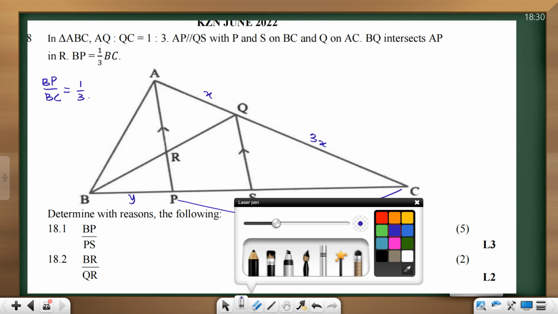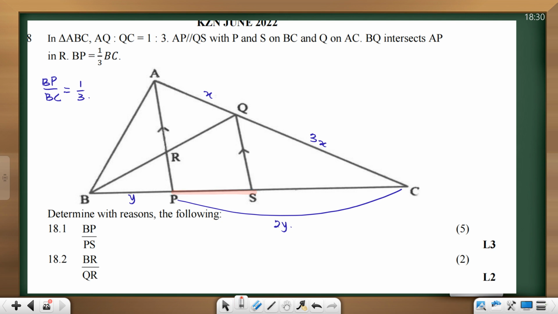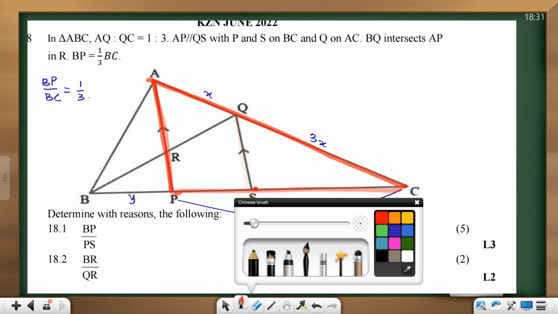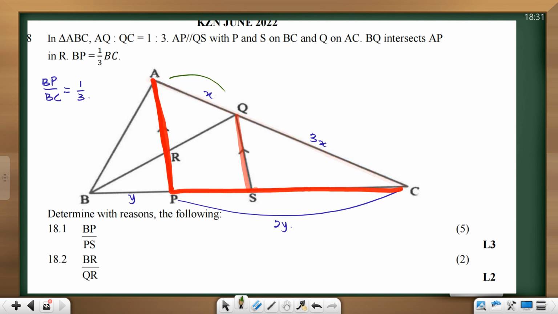And where is PS? Just check very fast. PS is there. Already I see that PS is between two parallel lines. Oh, done. Which triangle? That. Make sense? Yes. So, give me your ratio quickly. Let's work with AQ over what? QC.